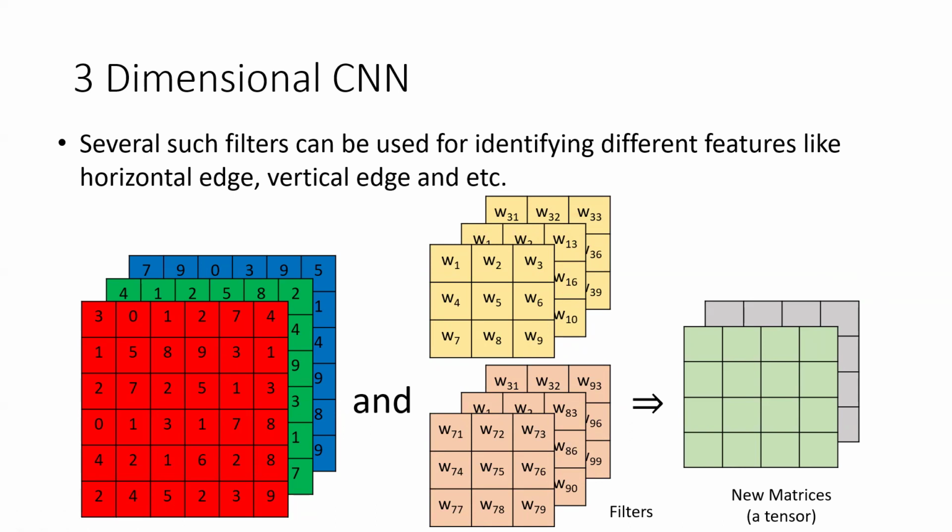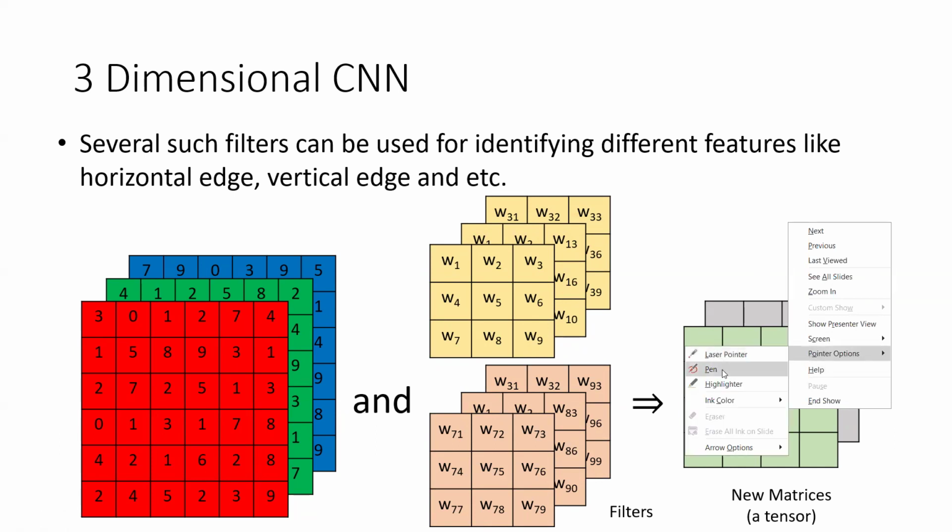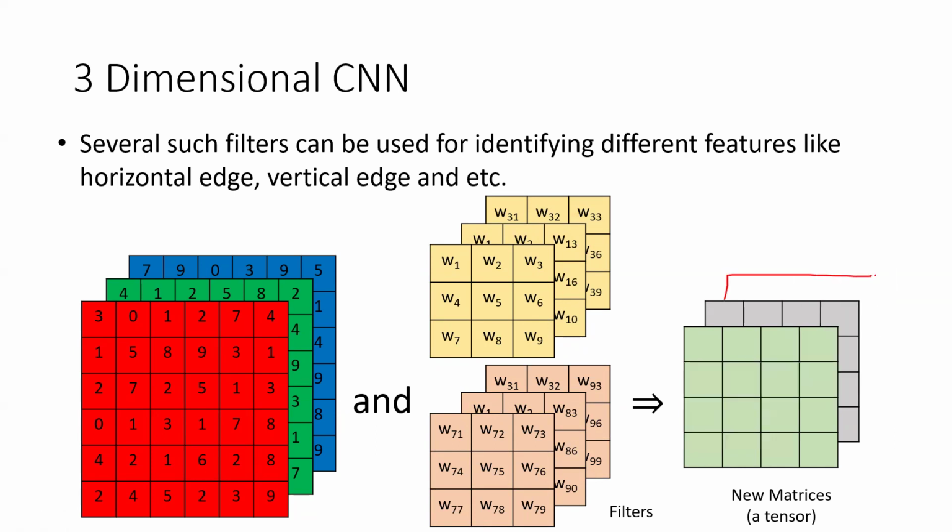When we add more and more filters, there would be more and more output matrices that would be generated. If we add more and more filters, we can get more and more output matrices.